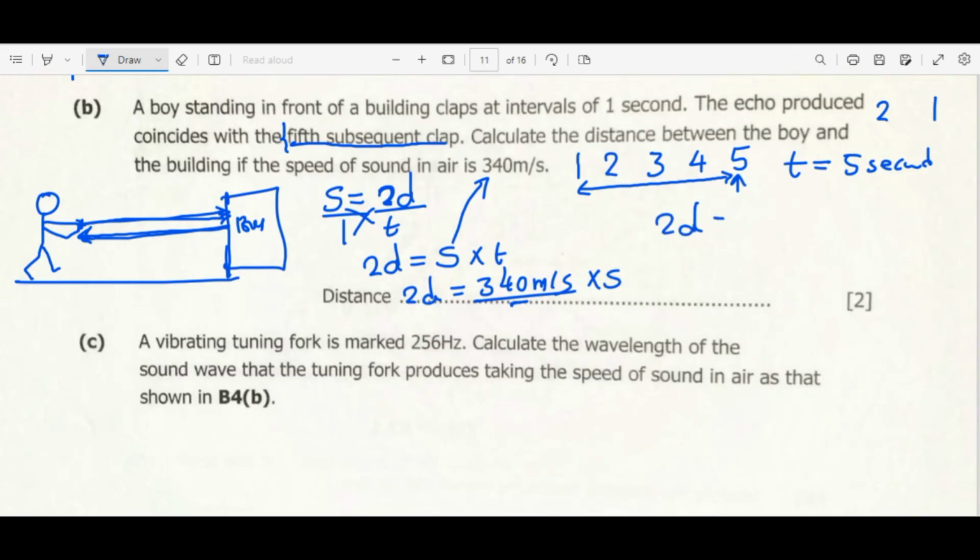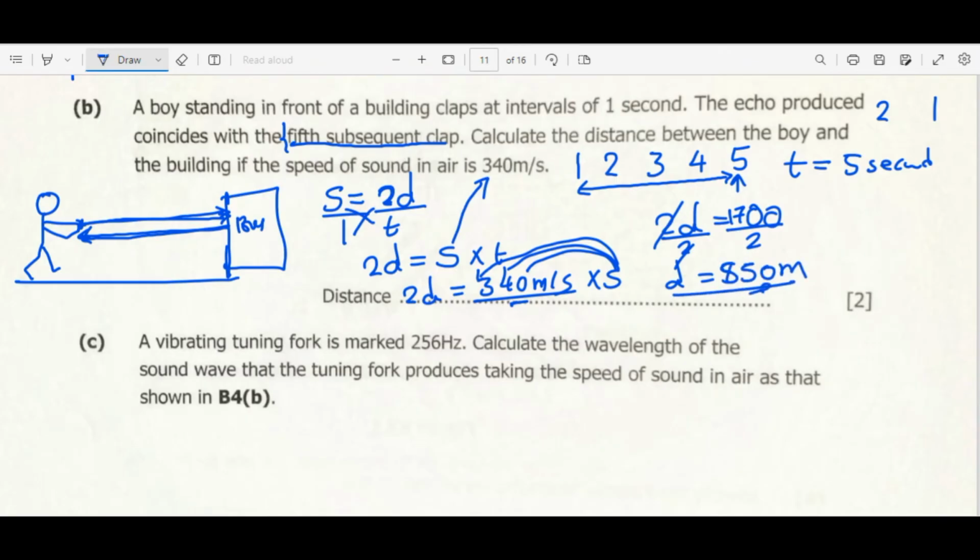So 2d is equal to, so if you multiply 340 by 5, so let's say 5 times 0 is 0, 5 times 4 is 20, so we write 0, we keep the 2, 5 times 3 is 15 plus 2 is 17. So we divide by 2. So what is the half of 1,700? So I'm getting 850 meters.